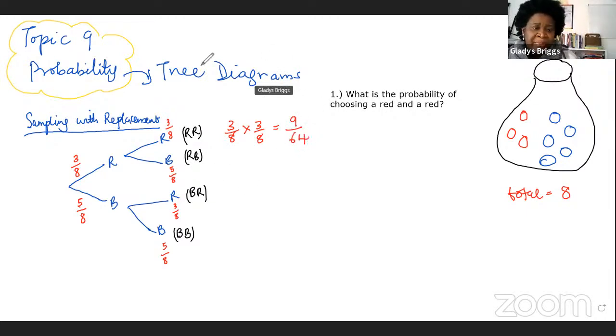Okay, what about the probability of choosing a red and a blue? We need to write everything out. I need you guys to write all of the ends here, the red and the blue.